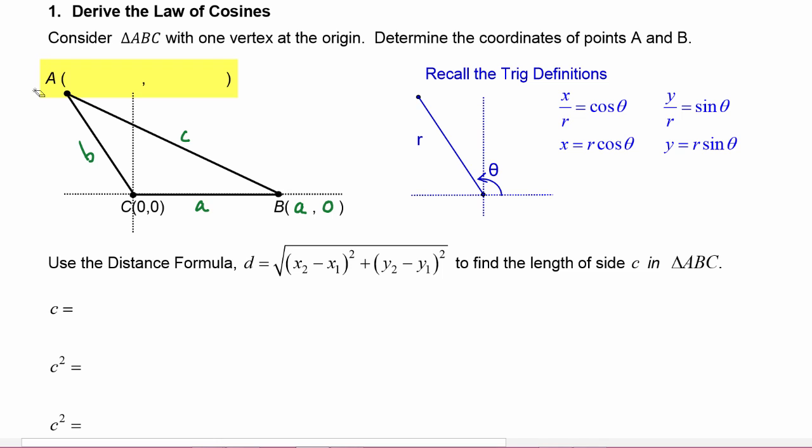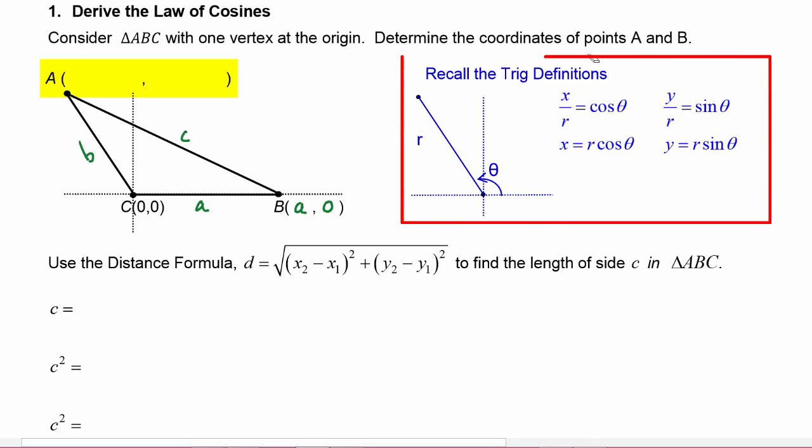Now, we can find the coordinates of point A if we use our trig definitions. Let's come over here for a minute. When we use our trig definitions, we have theta in standard position and a radius going out to the point on the terminal side of theta.